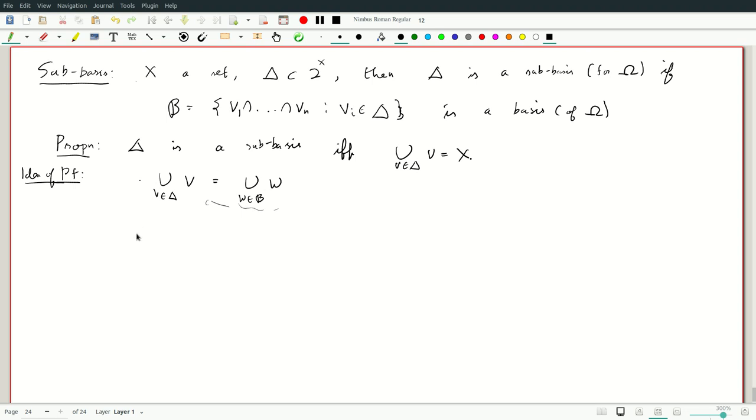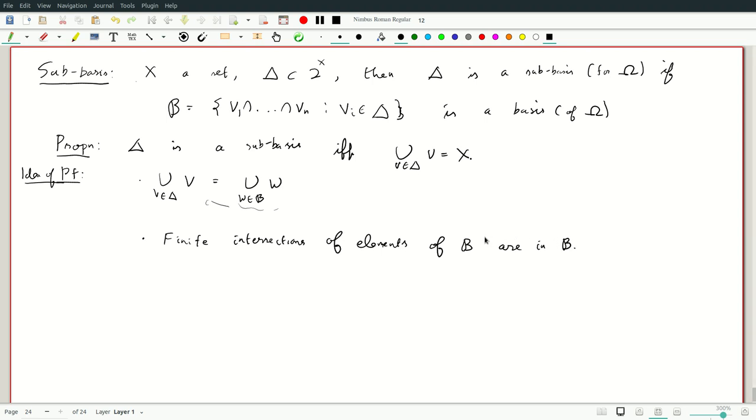And what about the other condition? The other condition of being a basis is that we have finite intersections of elements of B. So these have to be unions of elements of B, but in this case they are actually in B, literally on the nose.